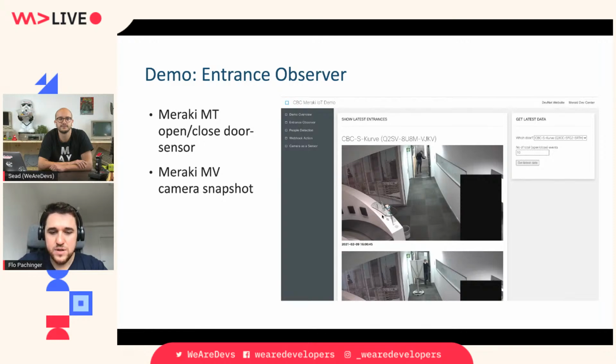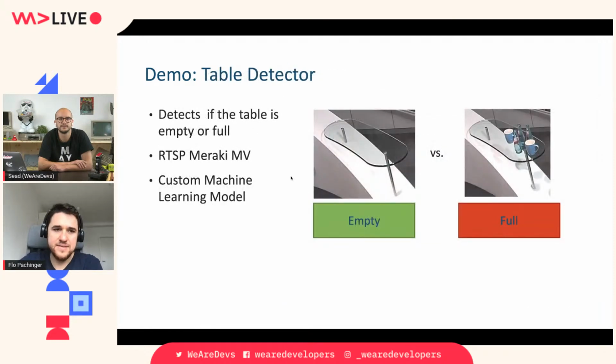In a nutshell, you first create a snapshot, cut this out of the table and say, okay, this is empty, this is full. But how to do this? This is where you can't do it out of the box. AWS out of the box definitely can't do this. So you need to use your custom machine learning model.